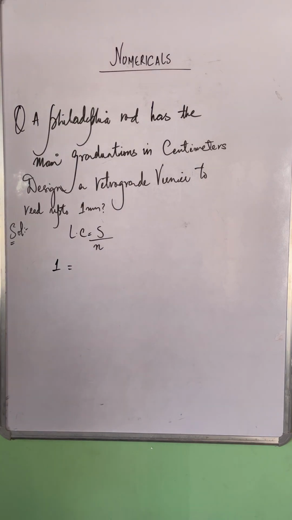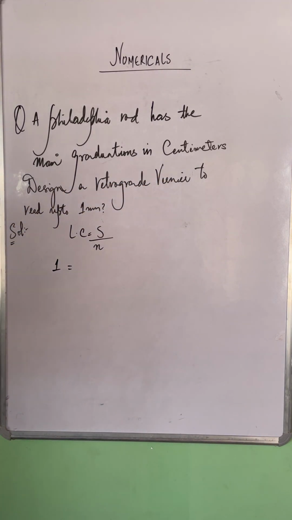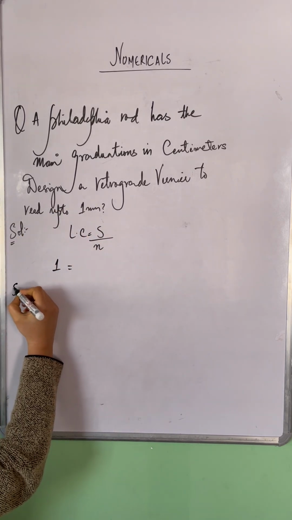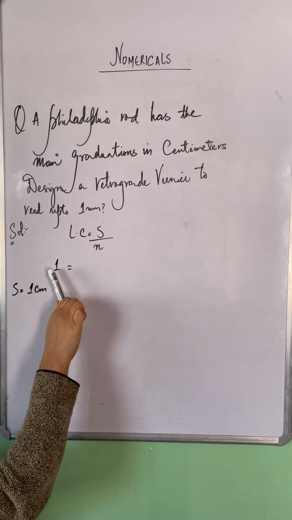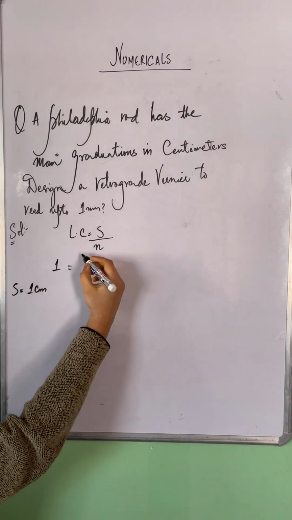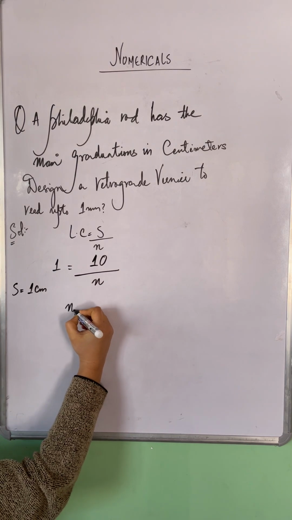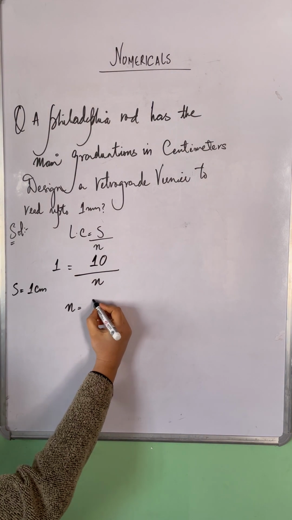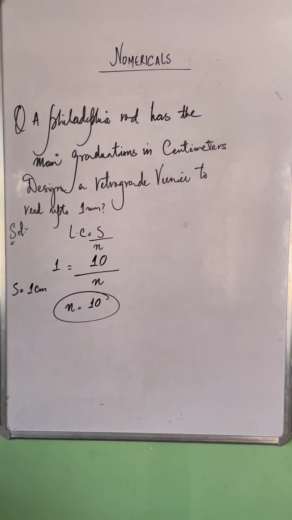So what is my S? A Philadelphia rod has the main scale graduation in centimeters. If S is 1 centimeter, least count is 1 mm. So we'll convert centimeter into mm. It will be 10, and my N will come equal to 10. So the number of divisions on the vernier scale came out equivalent to 10.